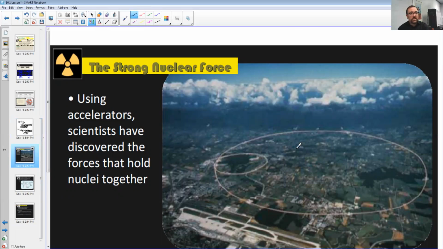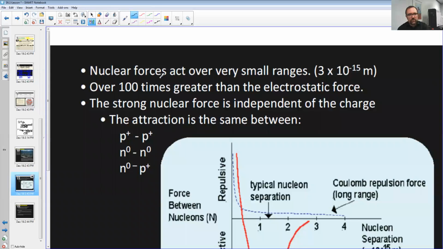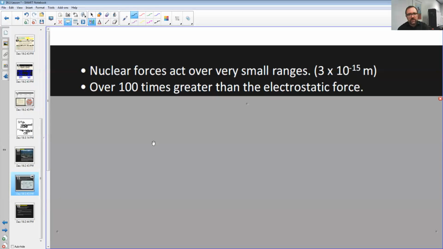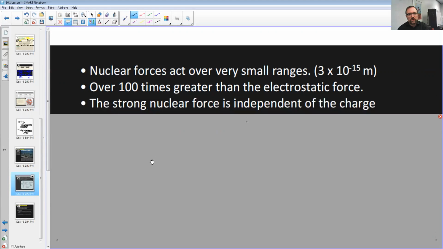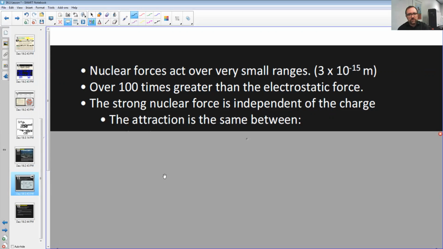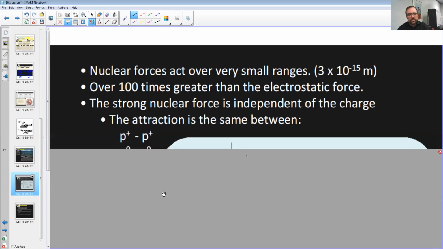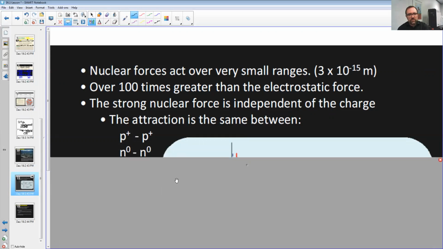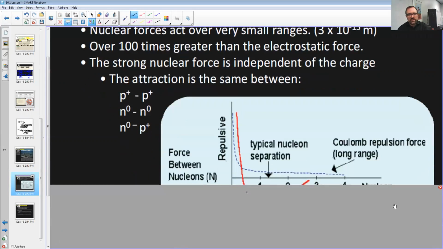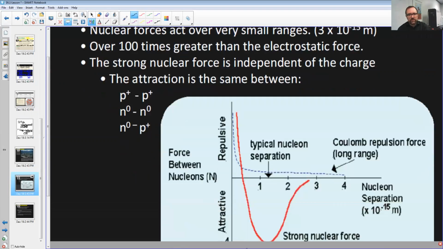Nuclear forces act over very small ranges, over 100 times greater than the electrostatic force. We also know that the strong nuclear force is independent of the charge. Whether between protons or neutrons, you're always going to get a small attraction between each other.